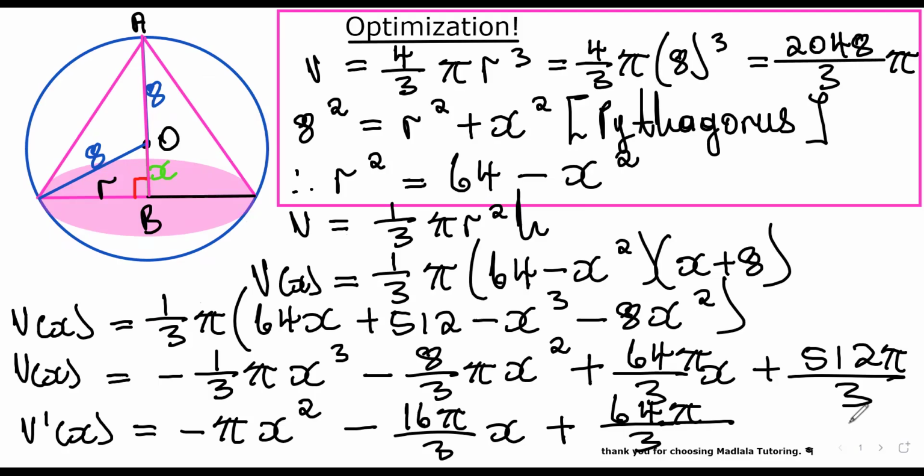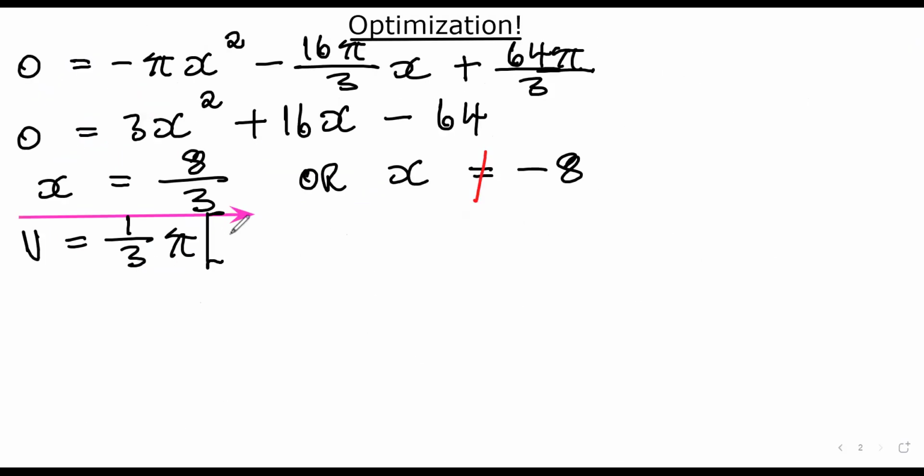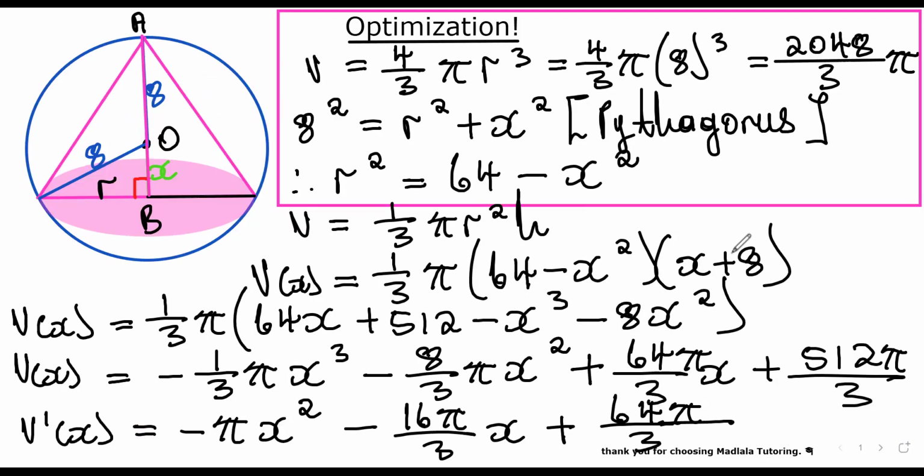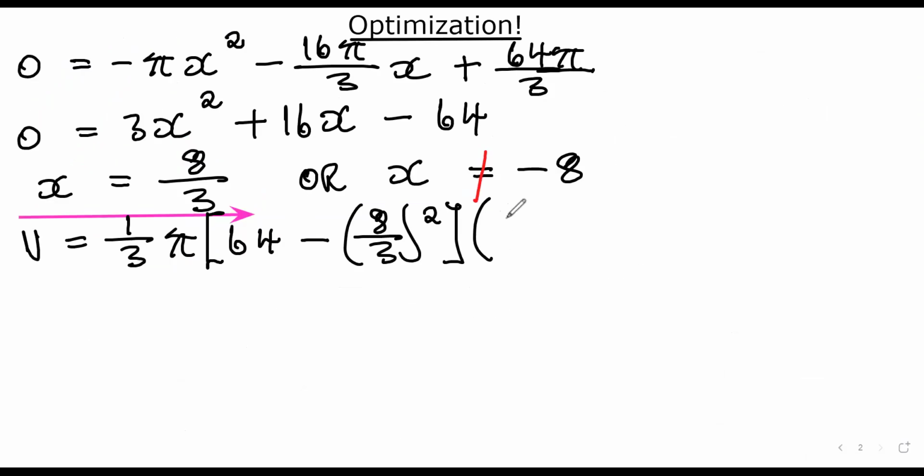R squared is 64 minus x squared. Then we multiply this by the height, and the height is x plus 8. So it's 8/10, and this is added to 8.